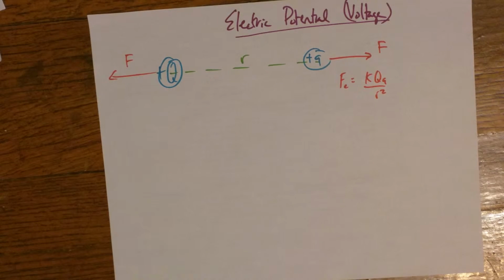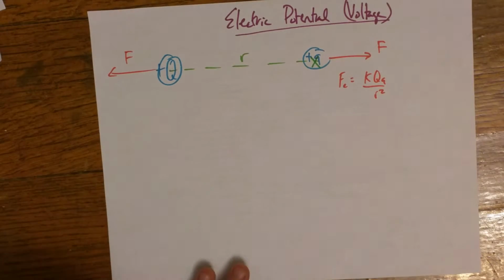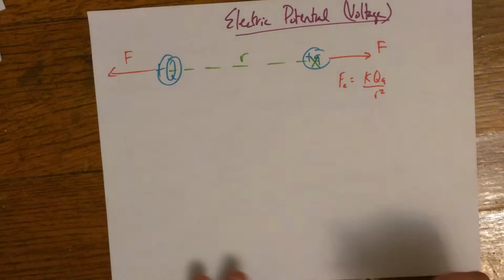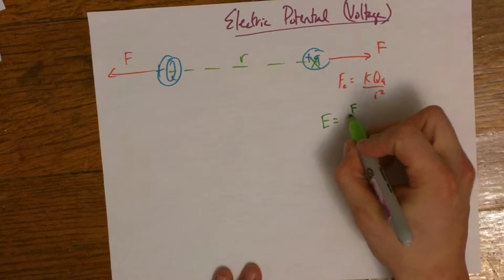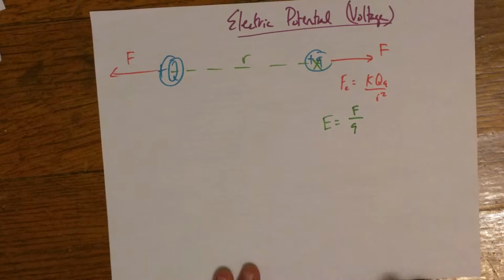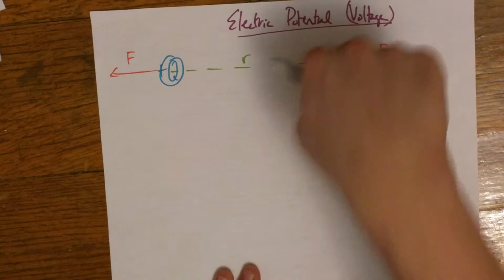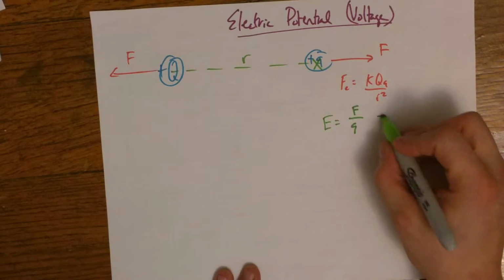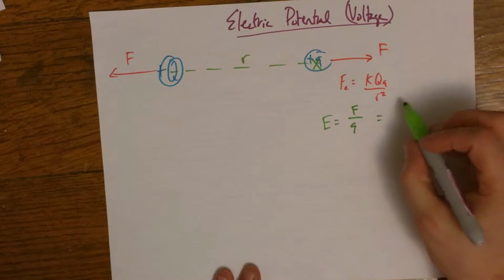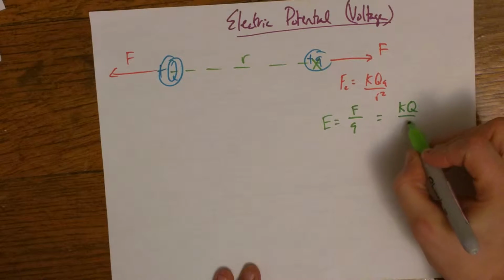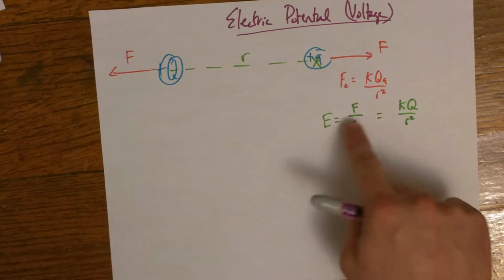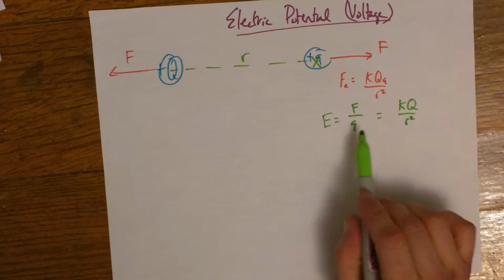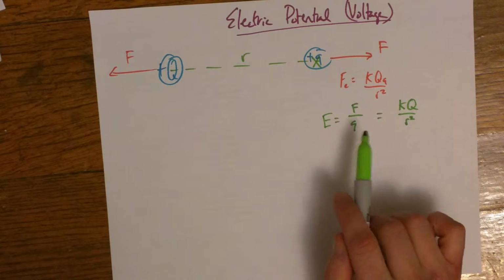And I really want to focus on this point in space. So in previous videos I showed you guys that there's this electric field that's defined as the force per charge. So it's defining something about that particular point in space, and that is just kQ over r squared, because the little q is taken out from the division of little q.